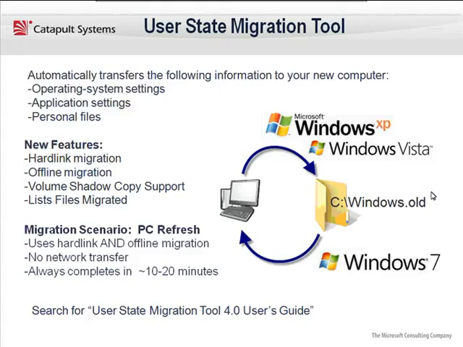Whereas a classic network migration scenario would take 30 minutes or an hour and a half or more because you had to push all of that data to a network drive, a hard link migration scenario takes place in constant time, and it normally completes in around 15 or 20 minutes.